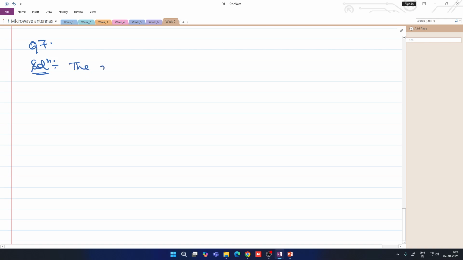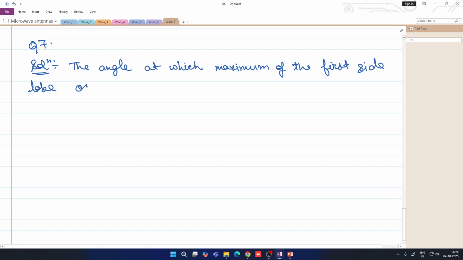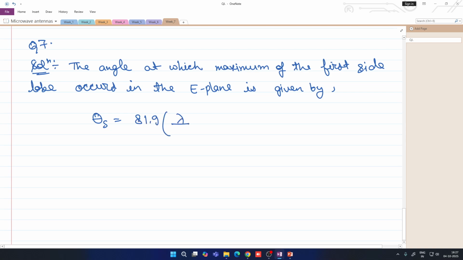So the angle at which the maximum of the first side lobe occurs in the E plane is given by theta s is equal to 81.9 into lambda by b.